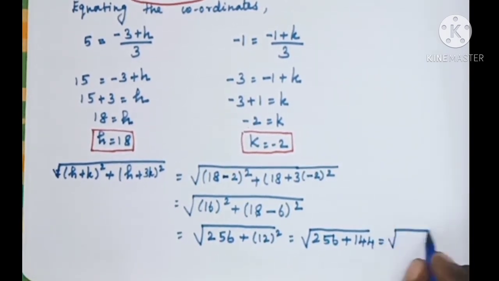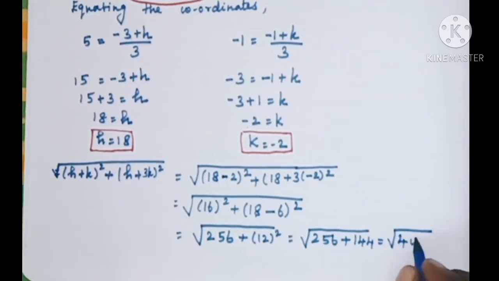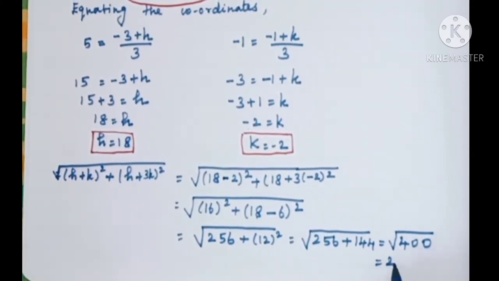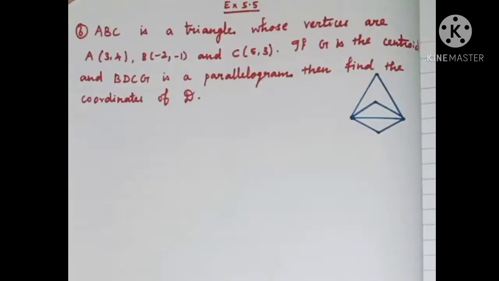Adding these two numbers we get 400. The square root of 400 is 20. So this is the answer for the fourth sum.